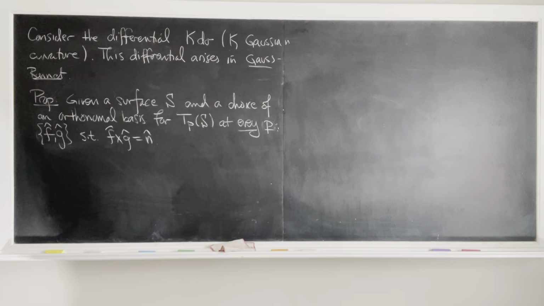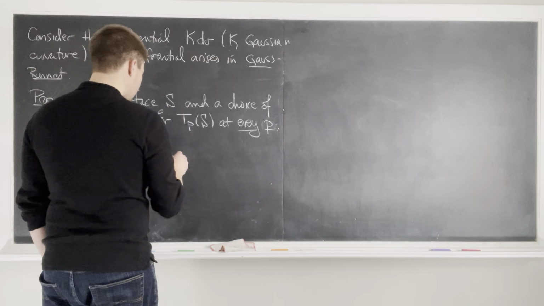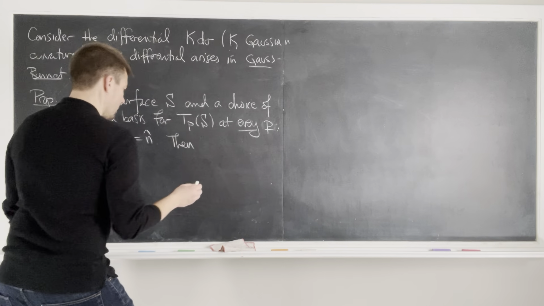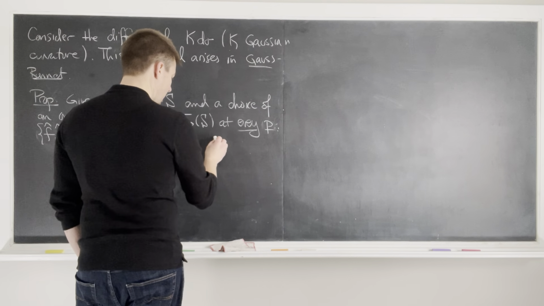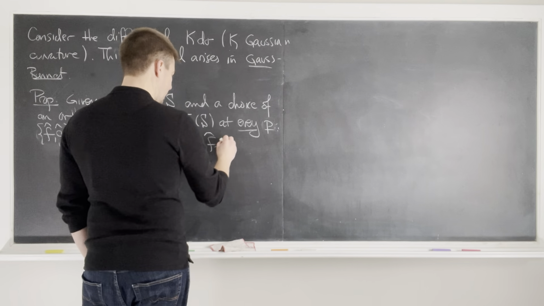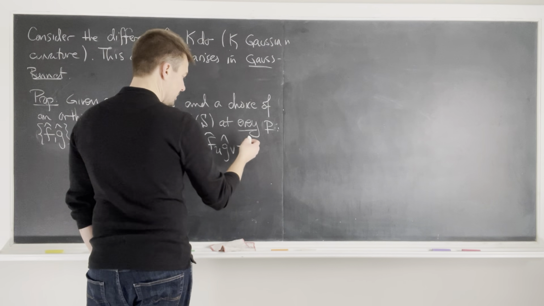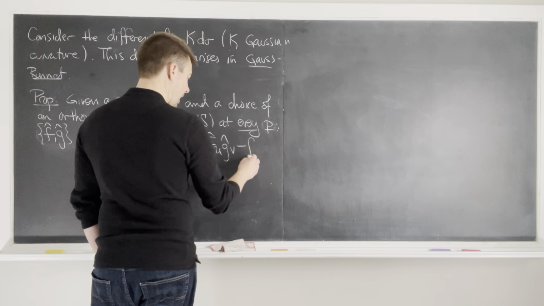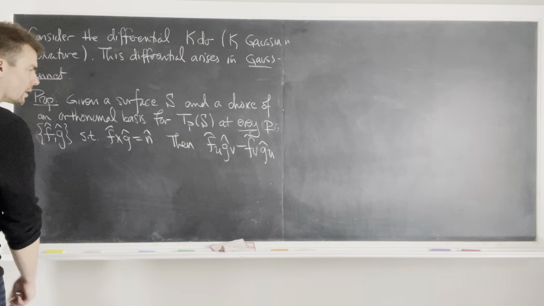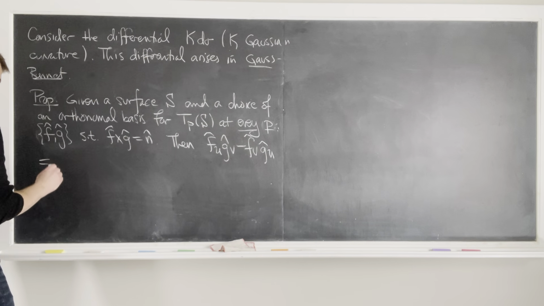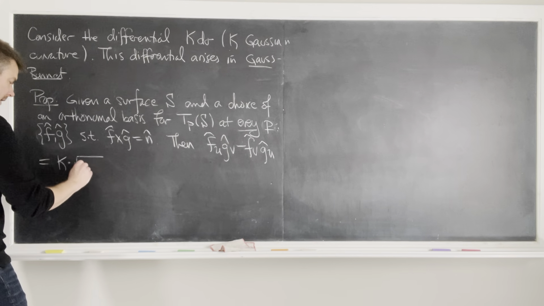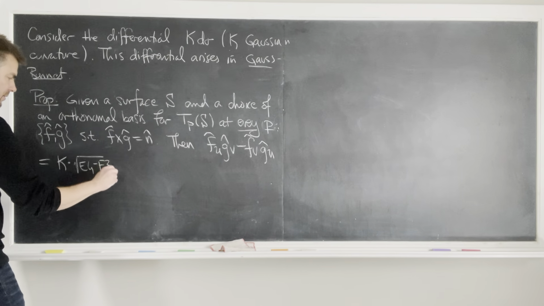Then what we're going to do is consider f_u g_v minus f_v g_u, which can be written as K, the scalar curvature, times the square root of EG minus F squared, right?